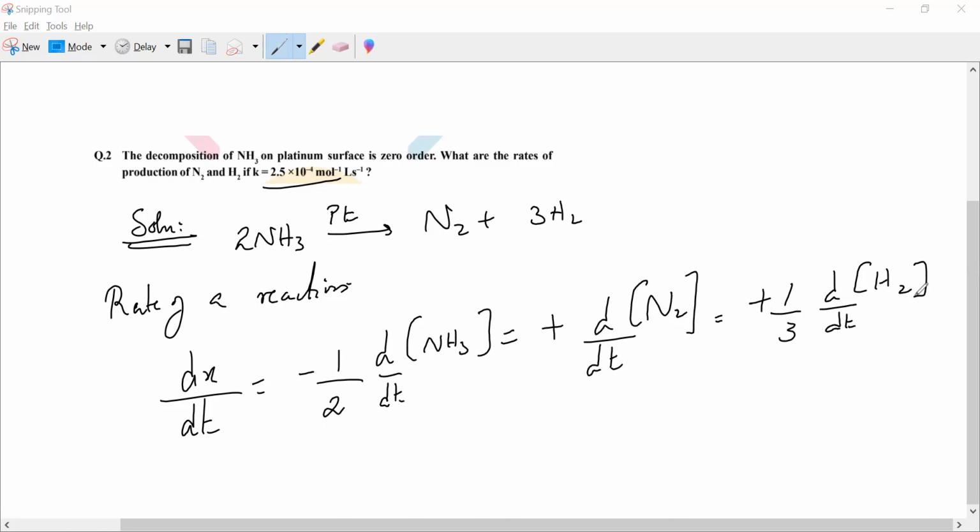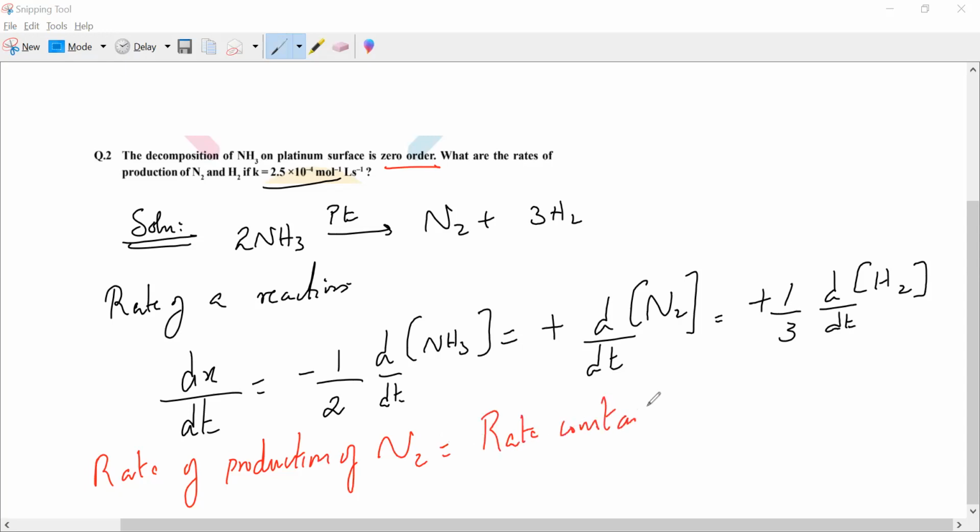Now the most important thing in this question is that it is zero order. Zero order in the sense that the rate of production of nitrogen is equal to the rate constant.